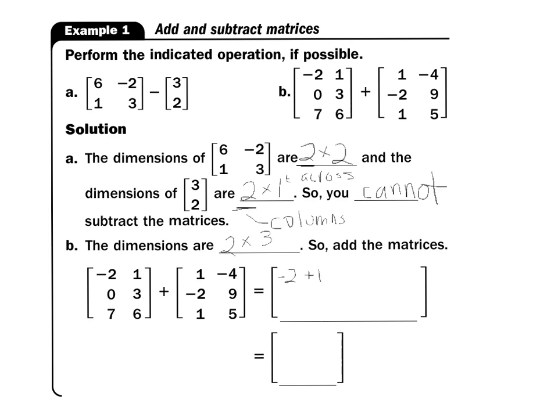That would be negative 1. What is 1 minus 4? Negative 3. Then 0 plus a negative 2 would be negative 2, and so on. You should get 12, 8, and 11. Pretty easy.